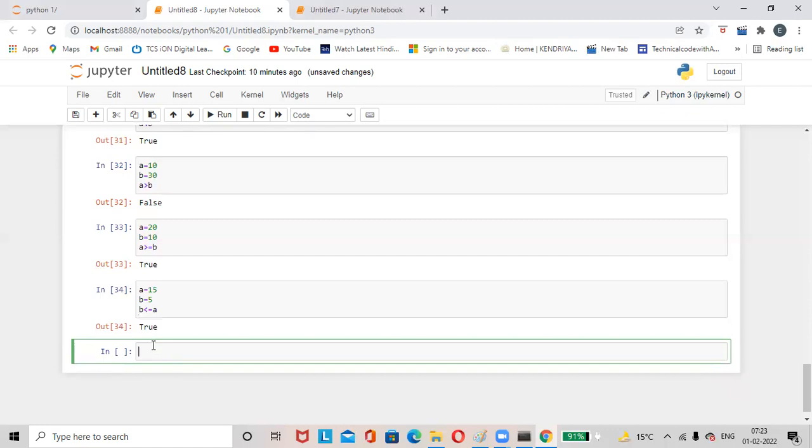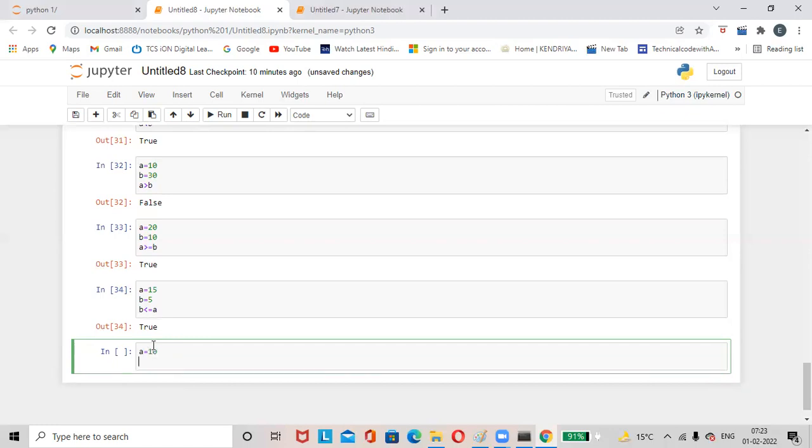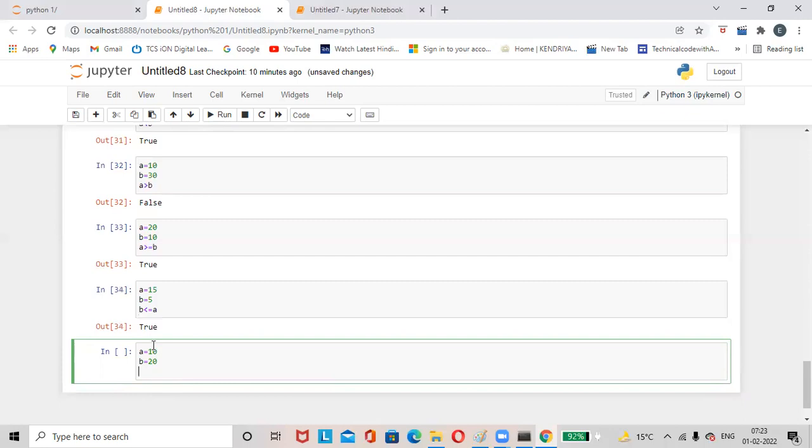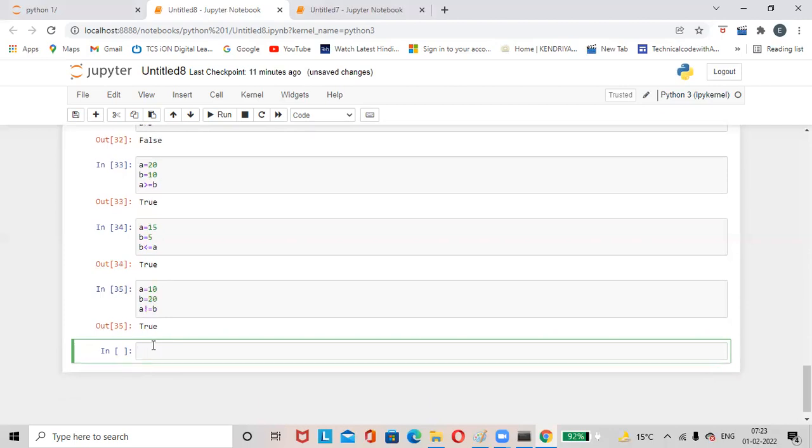Okay. Then A equals 10, B equals 20. A is not equal to B. The result is true. These are the comparison operators.